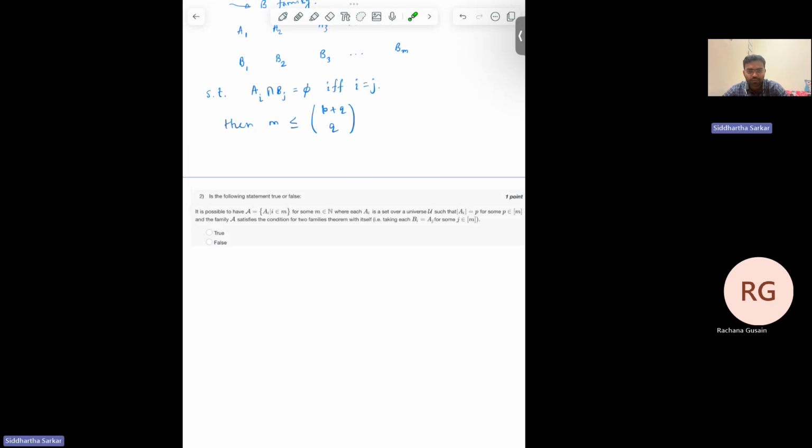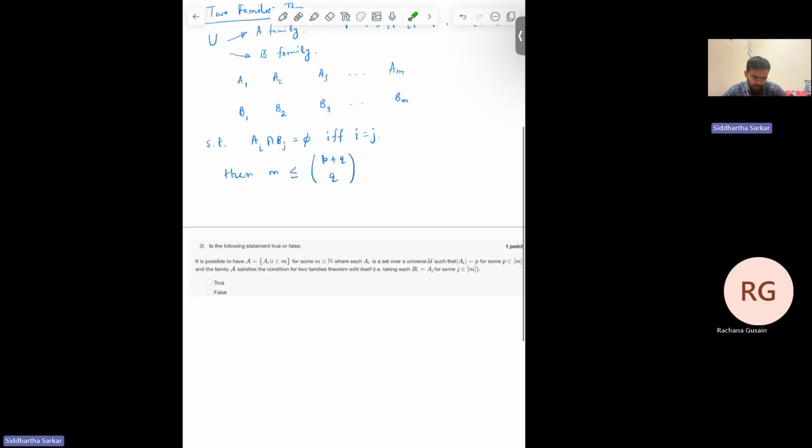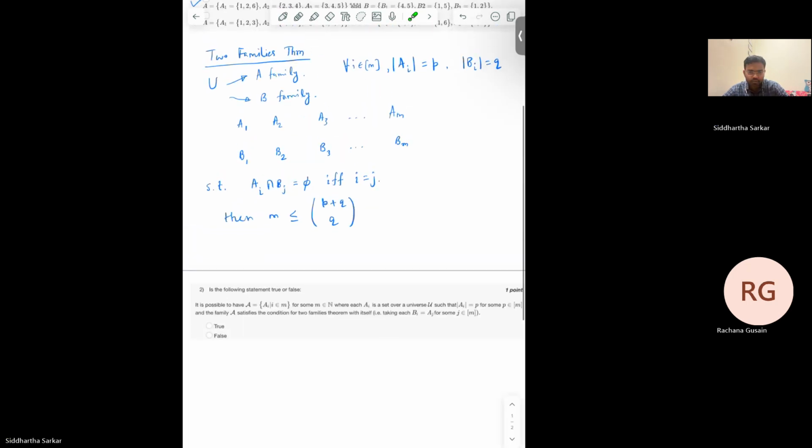This is also on the same two families theorem. The two families theorem is here, so we can look at it together. The question is asking whether the following statement is true or false.